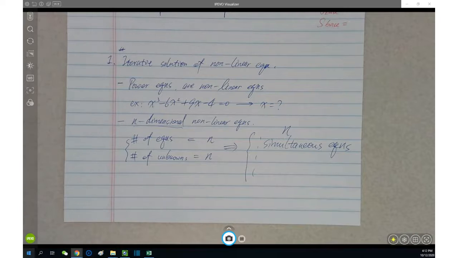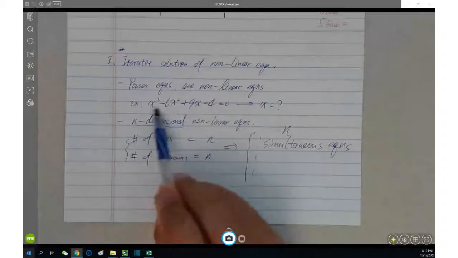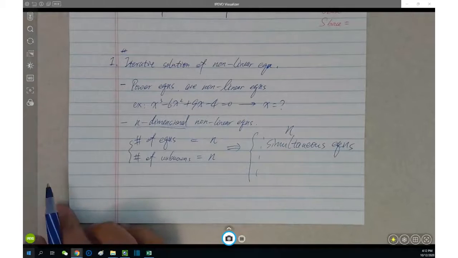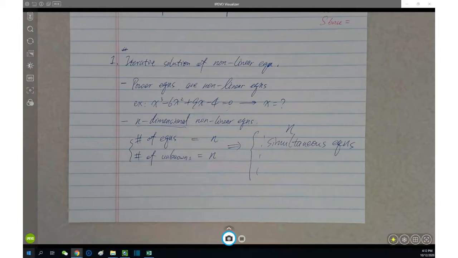You're seeing up to n equations there. So this is n-dimensional. And obviously, this one is one dimensional. Only x is unknown there. Yeah, this is a little bit of concept.